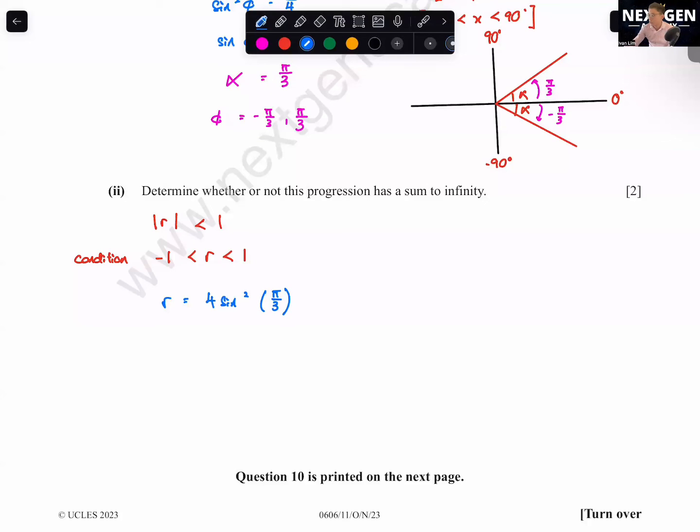Go and calculate this. What would you get? Type in the calculator sine 60, answer squared, times 4. You get 3. So we say like that, since your R equals 3, which is more than 1, no sum to infinity. There's no such thing.